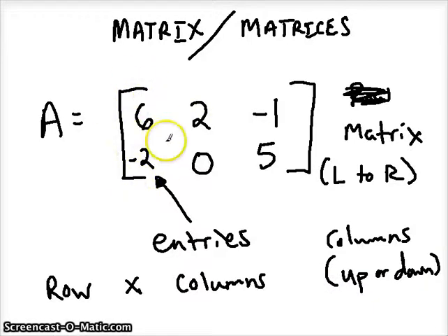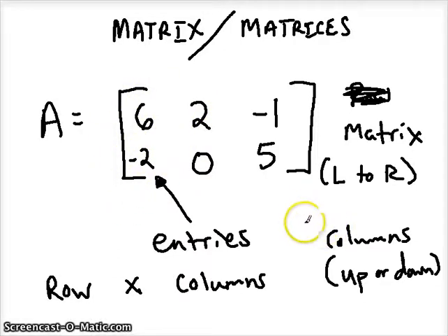So this right here is the first column. Here's our second column. Here's our third column. We think about columns in buildings as being vertical support structures. Hopefully that'll help you remember the difference between a row, which goes left and right, and a column, which goes vertically or up and down.